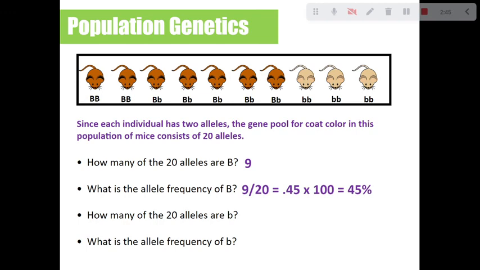We've got 9 big B's found amongst the 20. So we divided 9 by 20, which gives us 0.45, and you'll turn that into a percentage, which would be 45%. How many of the 20 alleles are little b? That would be 11, and you'd figure this out the same way we figured out the first one.